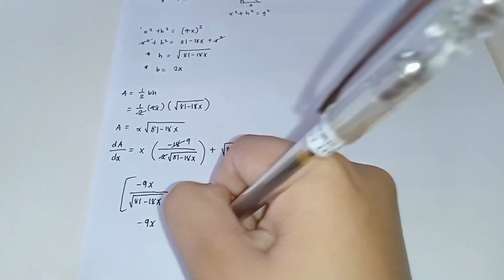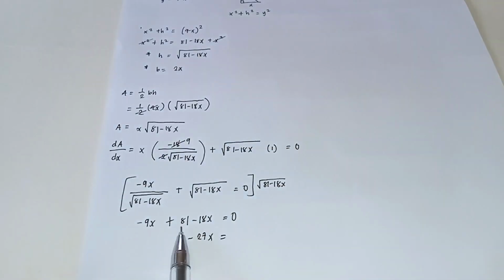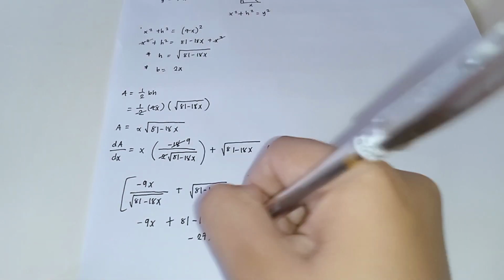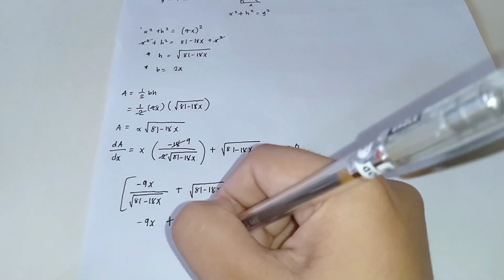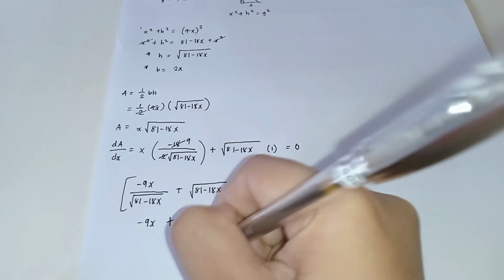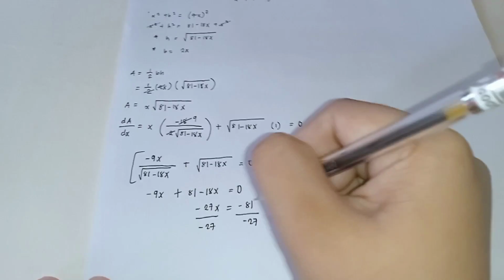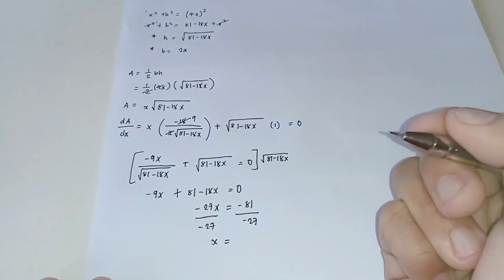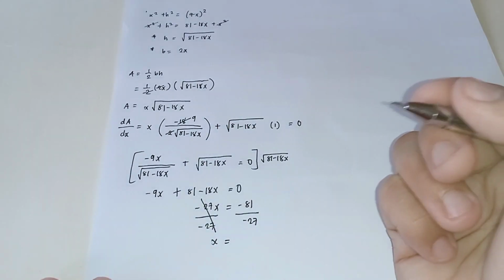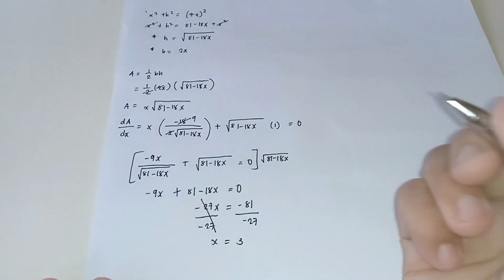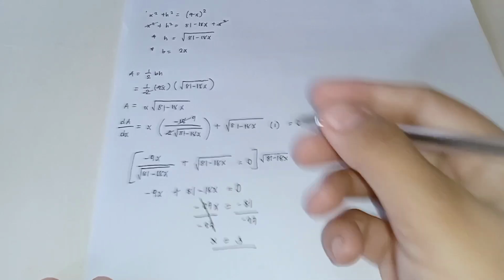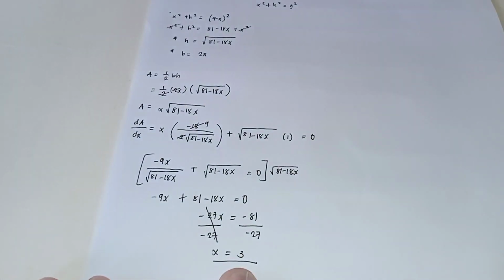Now let's add them. It will be negative 27x is equal to, move it there, negative 81, divide both sides by negative 27. So our x will be 3.